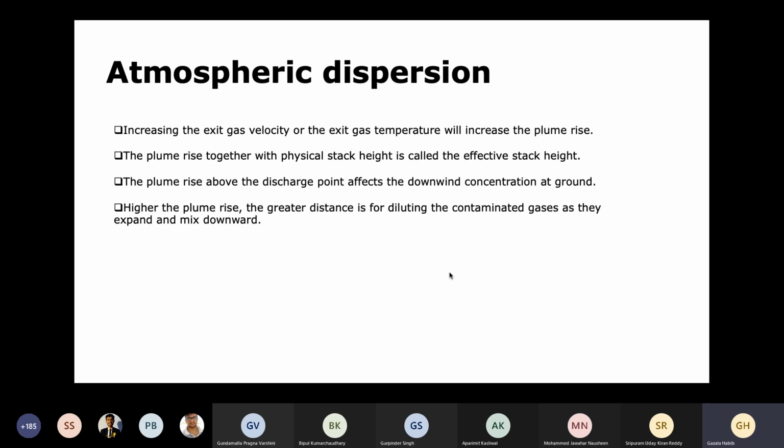That vertical rise will increase with the increase in flue gas velocity and the gas temperature. The plume rise together with the physical stack height is called the effective stack height. So the total effective stack height would be taken as the sum of stack height plus whatever distance the plume is rising and then bending. Okay.